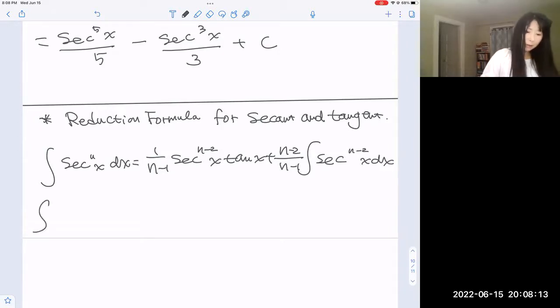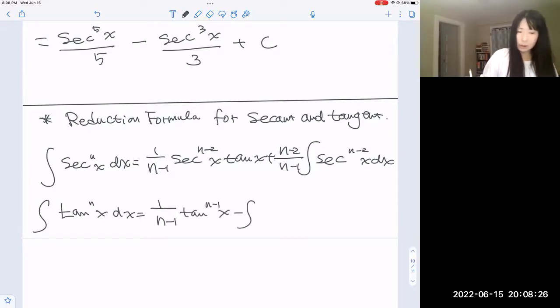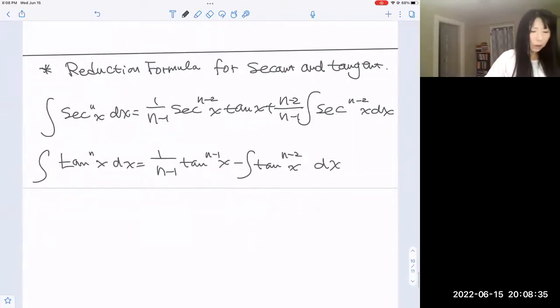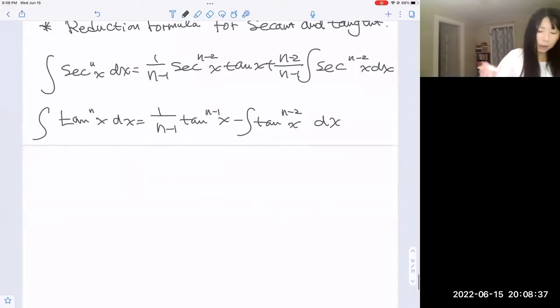Now we have tan to the n power dx equal to 1 over n minus 1, tan to the n minus 1 x minus tan to the n minus 2 x dx. Okay, so let us do just tangent, since we don't have time, because tangent we do twice this way.